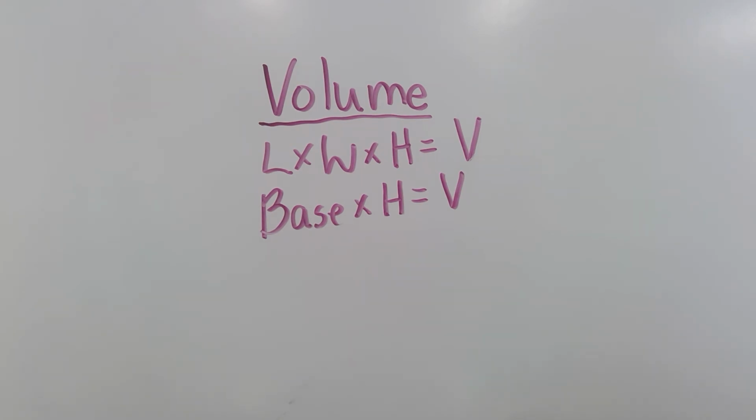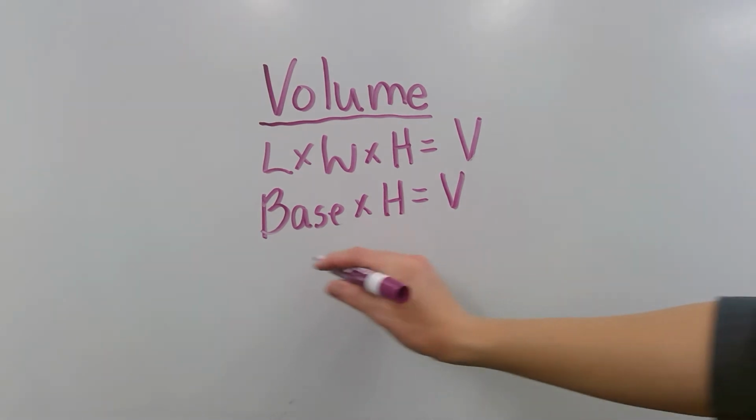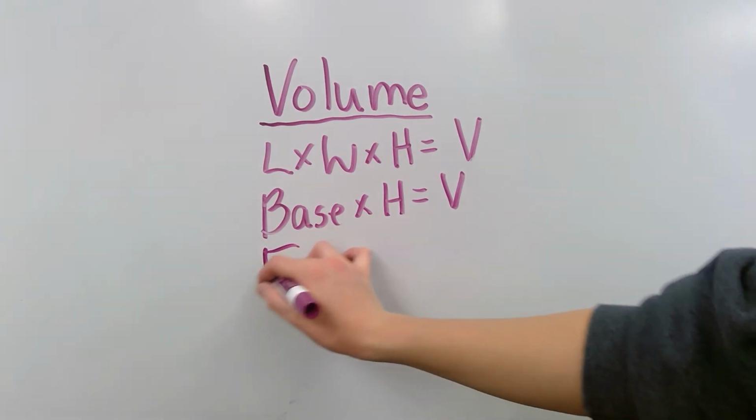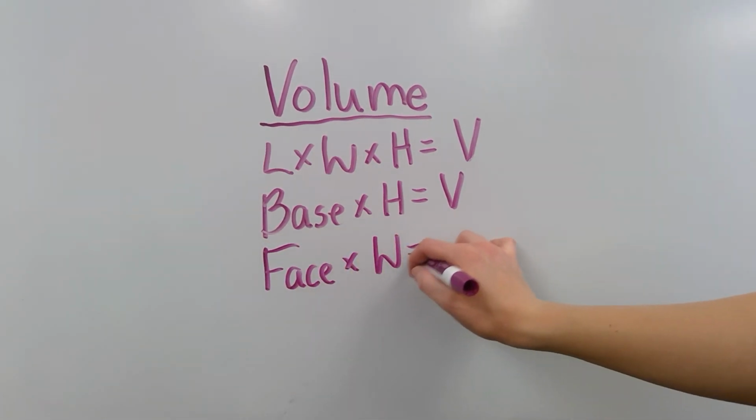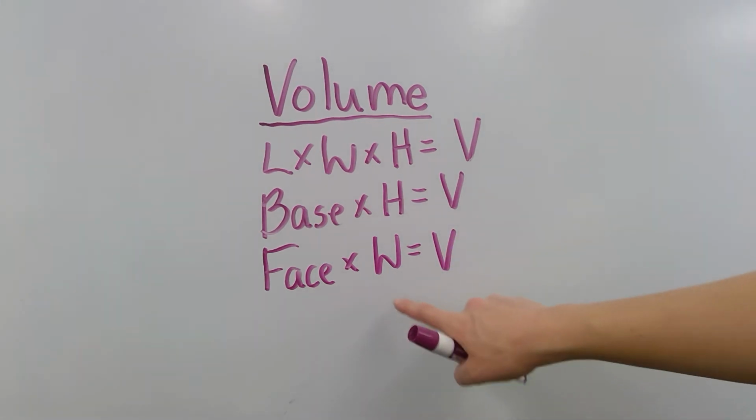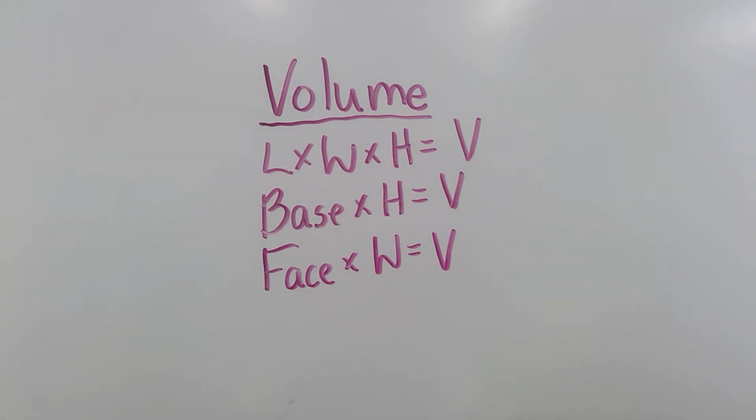The last formula to find the volume would be if we had the face times the width, and that will give us the volume, or the face times the length. But it's pretty much the same idea.